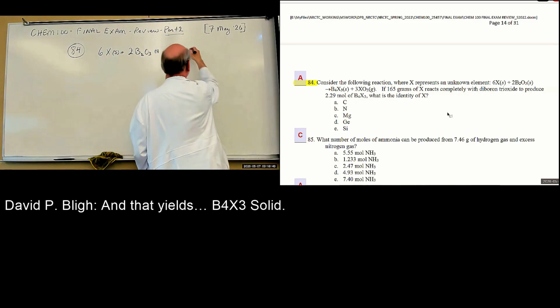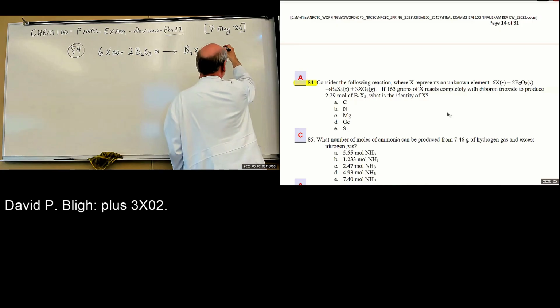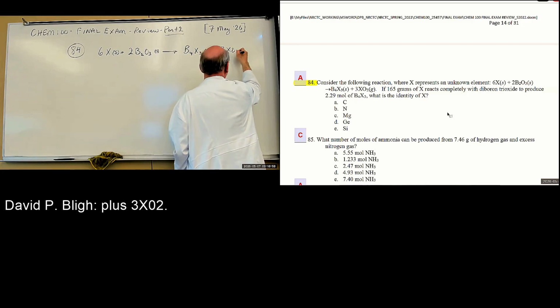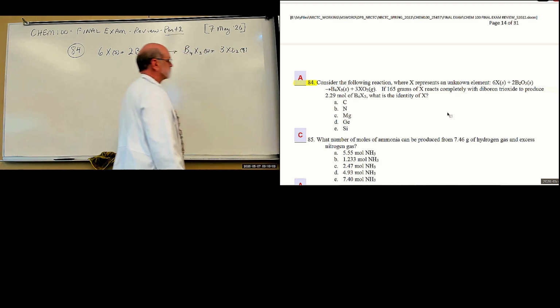And that yields B4X3 solid plus 3XO2 gas.